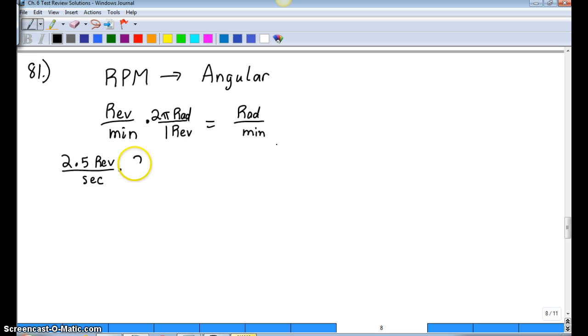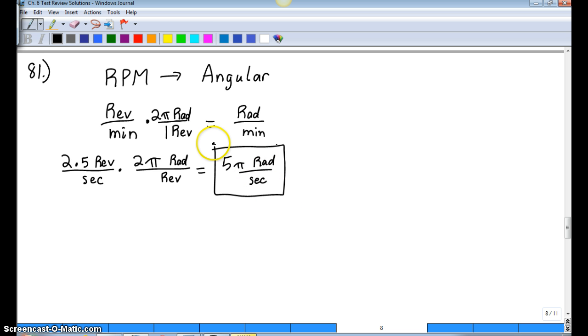We're just going to take that times 2 pi, and that's radians per revolution, just like we did up above, and we end up with 5 pi radians per second. That's it. That's part A. From revolutions per time, whether that time is minutes or seconds or hours, angular velocity, you just multiply by 2 pi.